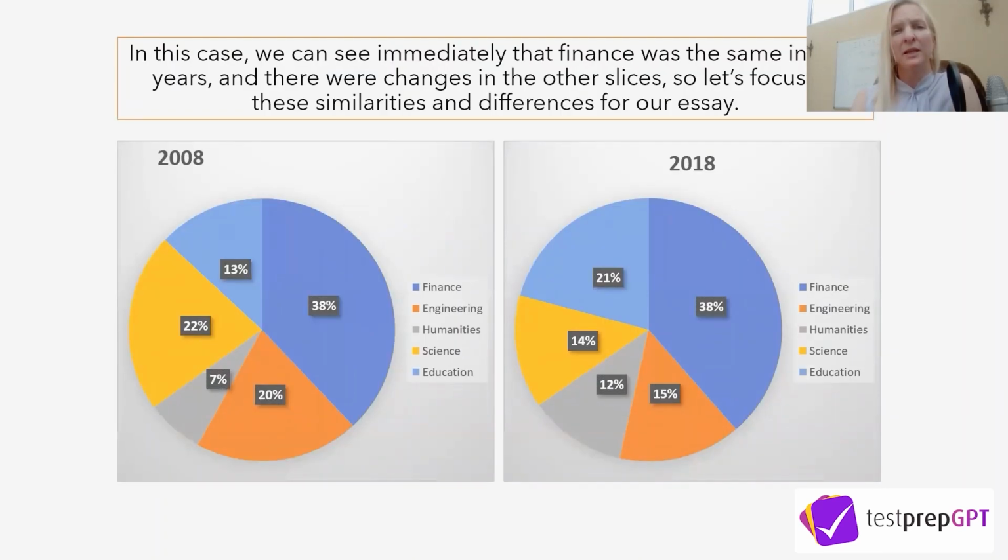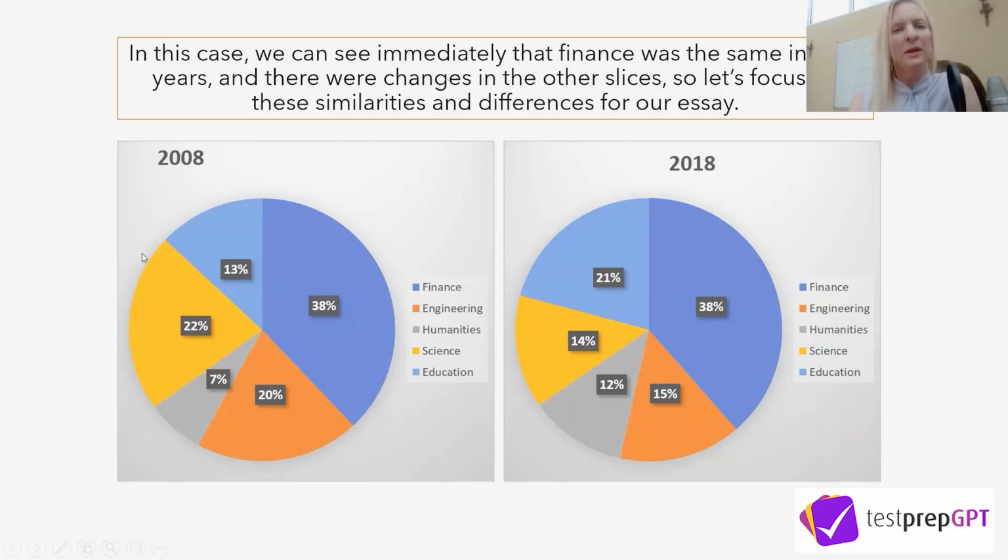And in this case, when we look at the chart, we can see immediately that finance, that's the blue color, was exactly the same in both years. However, there were changes in the other slices. So in that case, for this particular essay, let's focus on these similarities and differences.